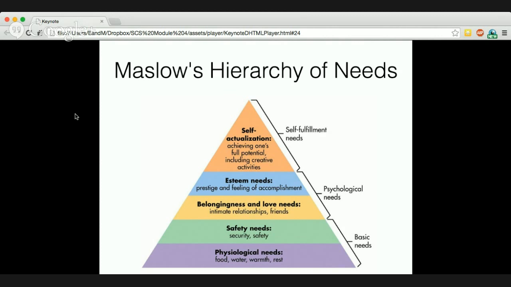Those are fairly risk-sensitive desires. They want it to not go wrong. So how can you prove beyond a shadow of a doubt that you are going to be reliable, that you're going to deliver this result, and they're not going to be out of money and out of 6 months' time wasted by hiring you? So that's what you're speaking to when you're selling to a business: the individual's desire to keep their job and make their boss happy.